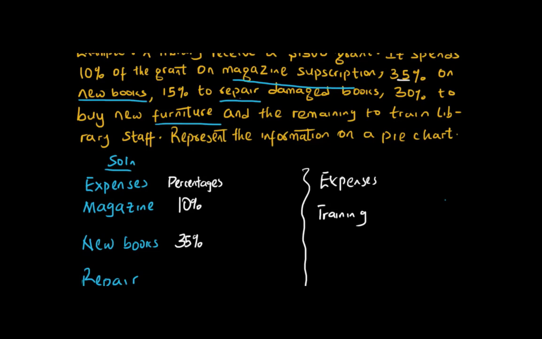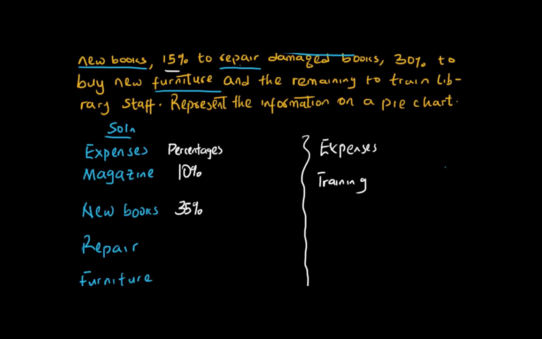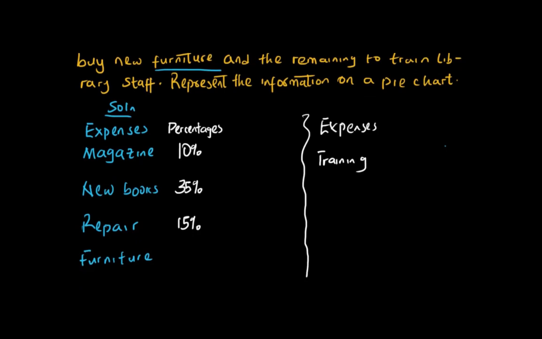Then for repair we have 15%, so for repair we put 15%. Then for furniture we have 30%, so for this one we put 30%. And then we're told the remaining was used to train library staff.